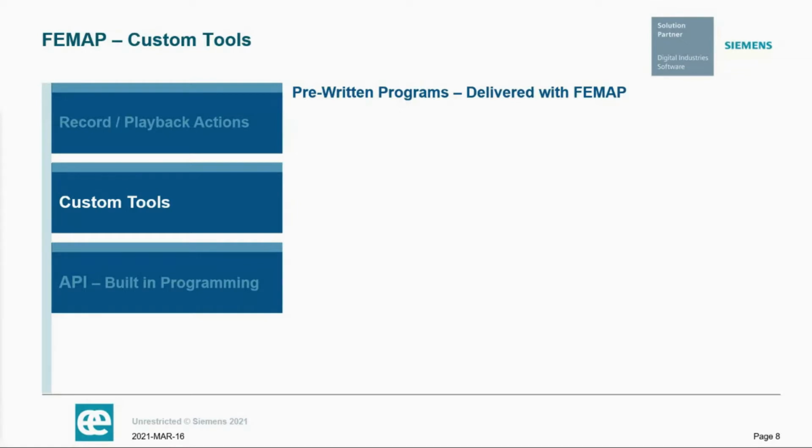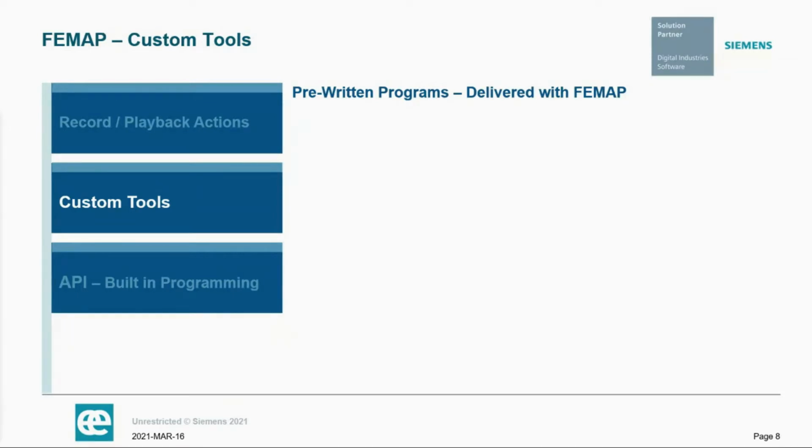And so some of the functionality, which can be customized, is delivered using custom tools. And these are pre-written API tools that you have the ability to change and modify as needed.